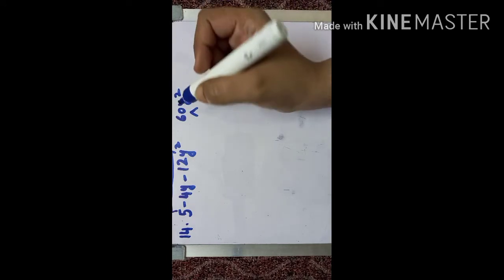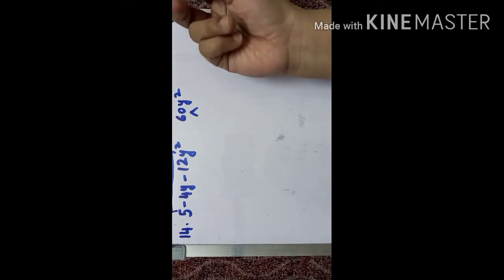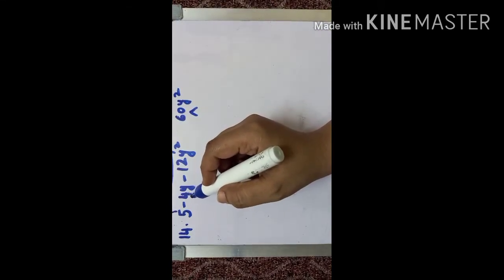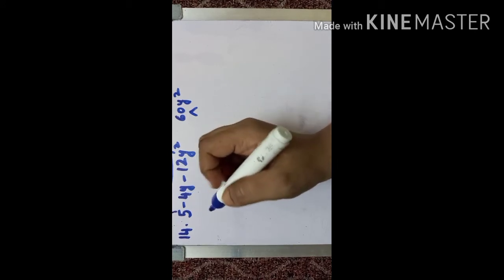So what can you write? 60 is in which table? 10 6s are 60 you can do. So you have to check whether 10 and 6, if you subtract or add, will you get minus 4 or not? So minus 10 plus 6 will give you minus 4, right?